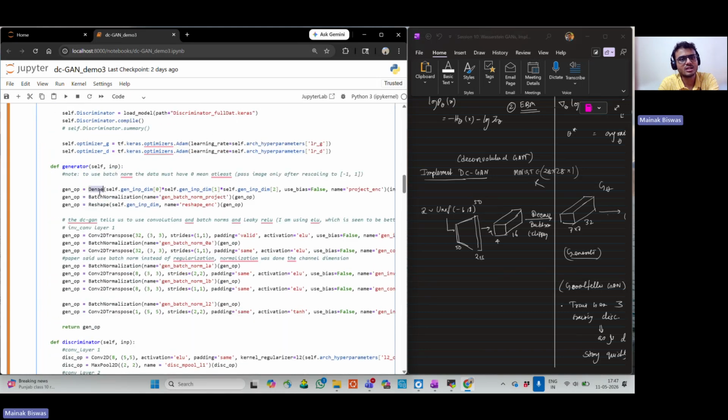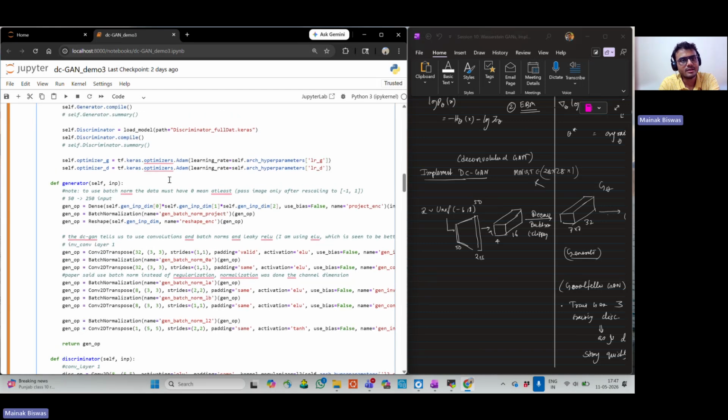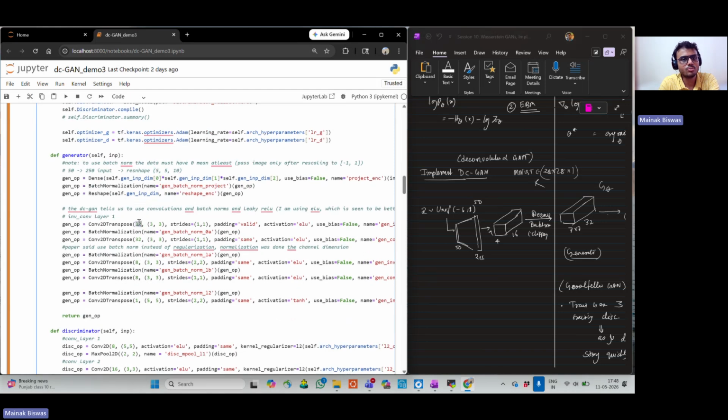The generator takes a dense layer and converts the 50 dimensional input using an MLP to a 250 dimensional vector. Then I do batch normalization and reshape into 5 cross 5 cross 10. Then I do a couple of layers of deconvolution, with a ReLU activation and 32 filters.